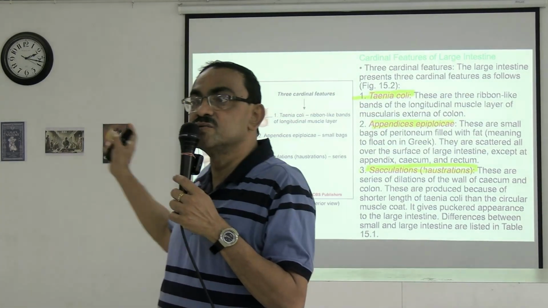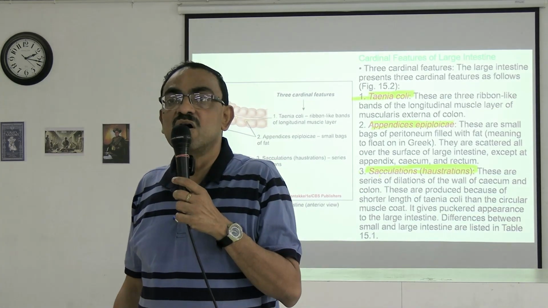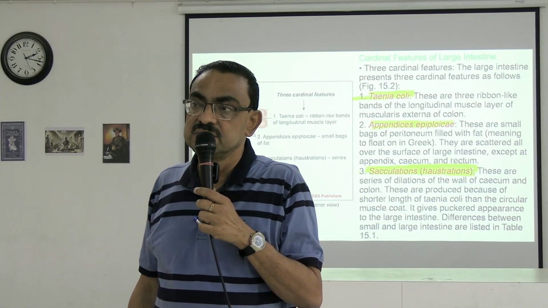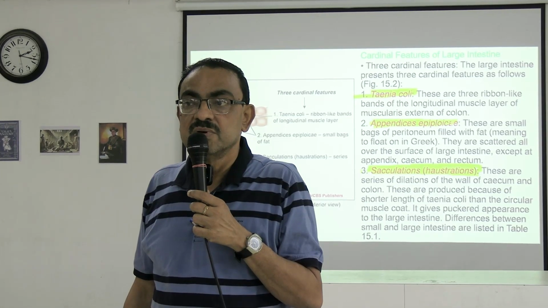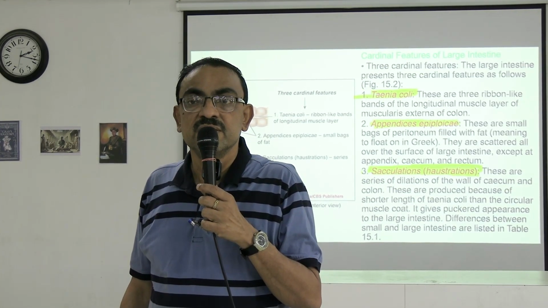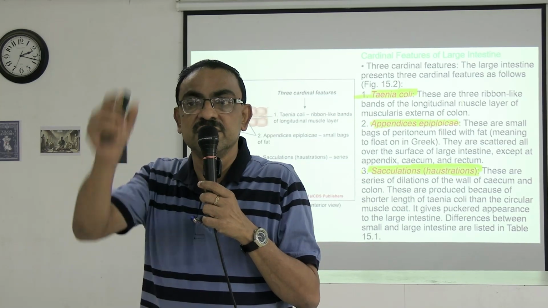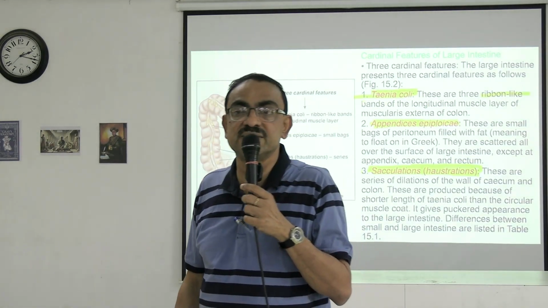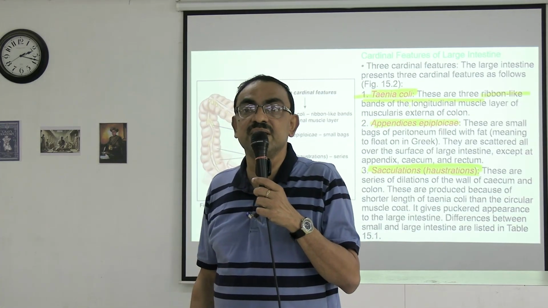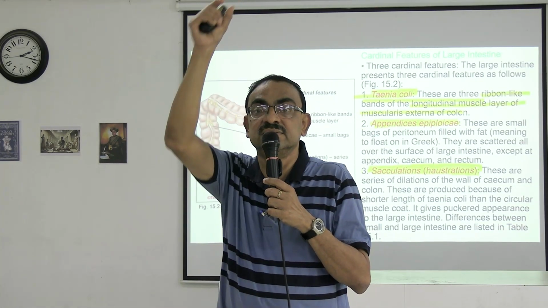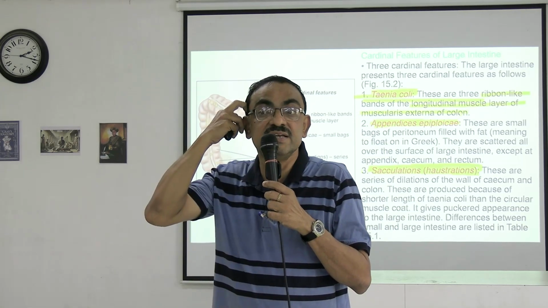That muscular layer has an outer longitudinal muscle and an inner circular muscle, and this outer longitudinal muscle is aggregated or condensed in some places, and it gives rise to the formation of linear bands, which are known as tenia coli.